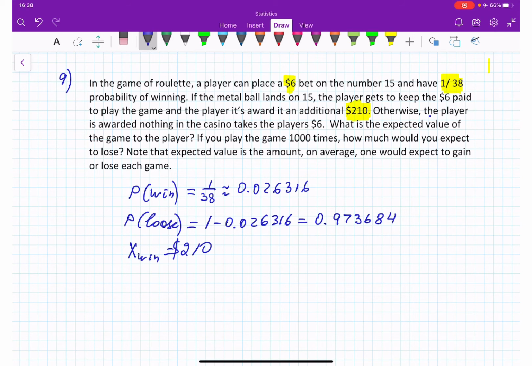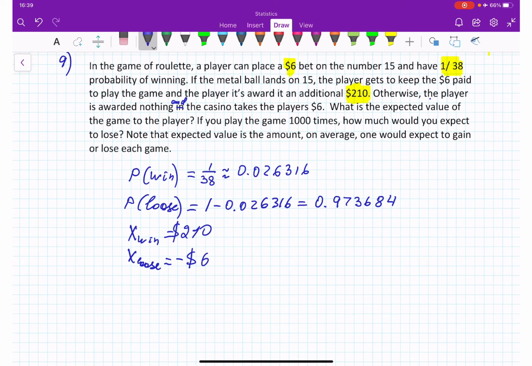Otherwise, the player is awarded nothing, and the casino takes the player's $6. So X of lose is negative $6. What is the expected value for the game player? That's the first question. Let's answer.